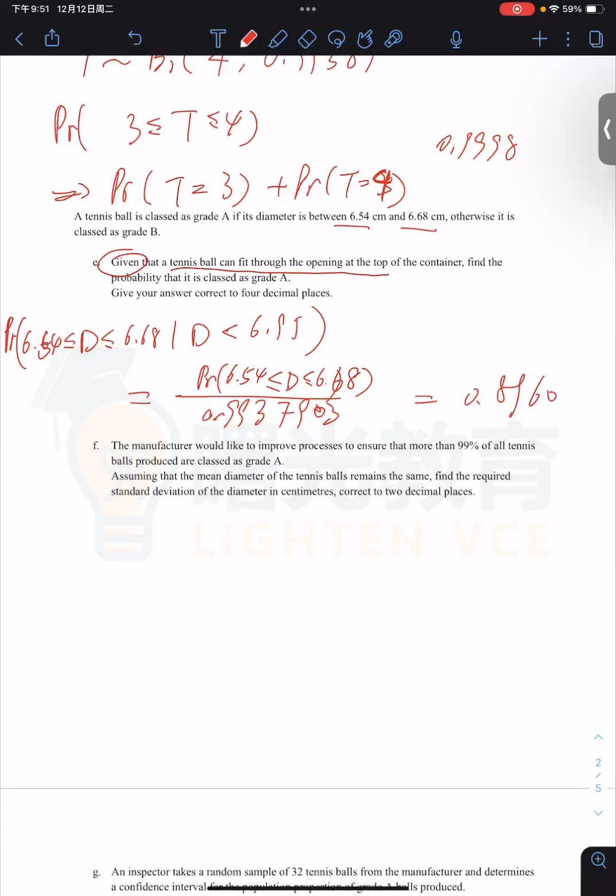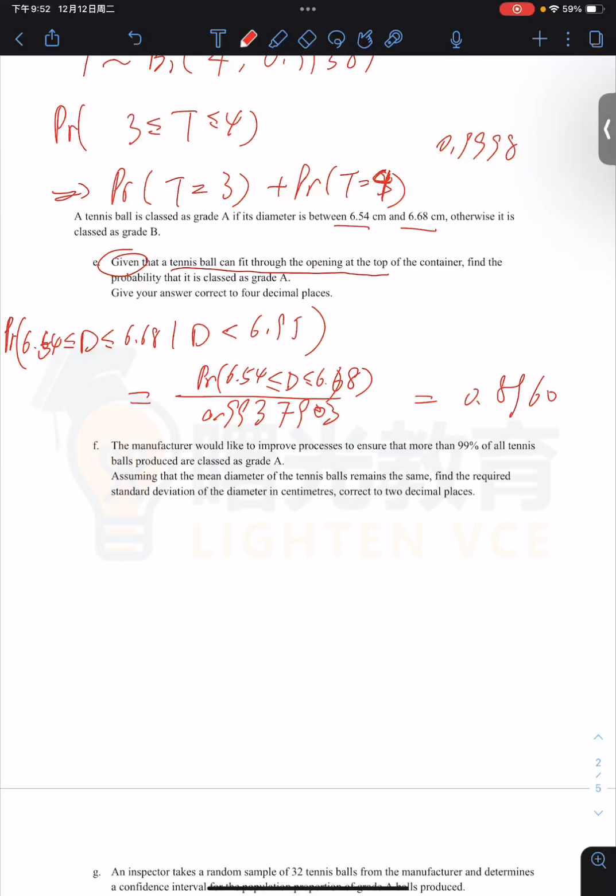Now we jump to that. The manufacturer would like to improve the processes to ensure that more than 99% of all tennis balls produced are classed as grade A. Assuming that the mean diameter of the tennis balls remains the same, find the required standard deviation of the diameter in centimeters, correct to 2 decimal places.